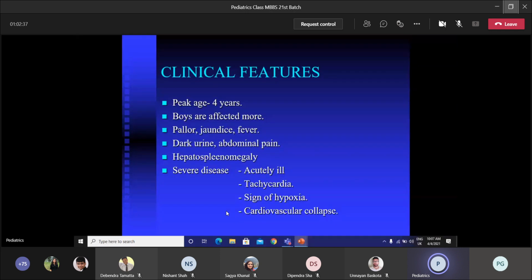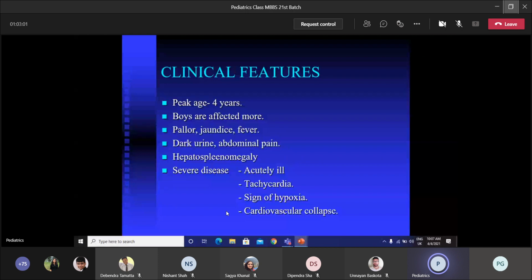In severe disease, the child looks acutely ill, with tachycardia and signs of hypoxia. Signs of hypoxia: the child will be irritable, may have altered sensorium due to severe hypoxia, may have sweating, and may be tachypneic.